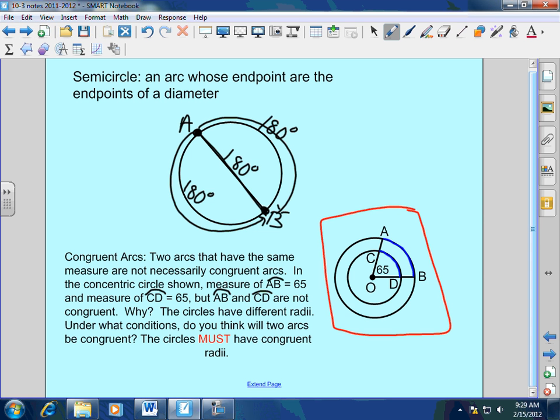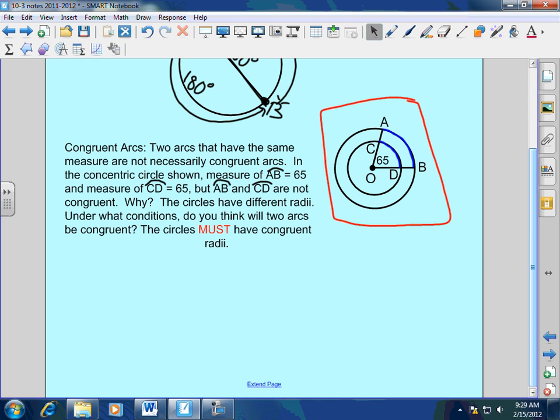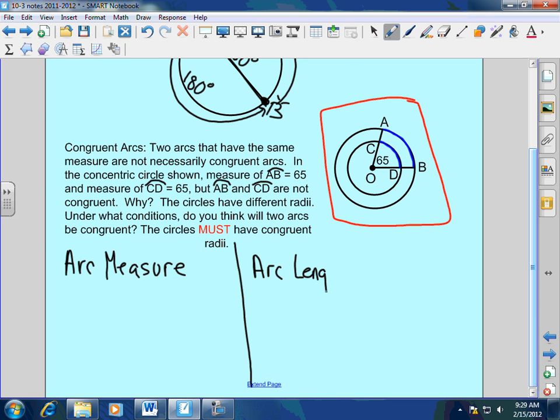Does anyone remember the difference between the measure of an arc and the length of an arc? What is the difference there? When I ask you for arc measure, what am I looking for? And when I ask you for arc length, what am I looking for?